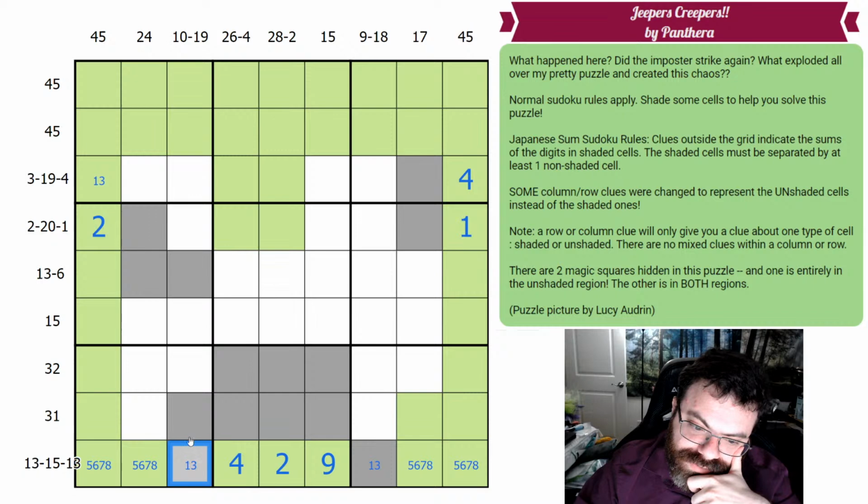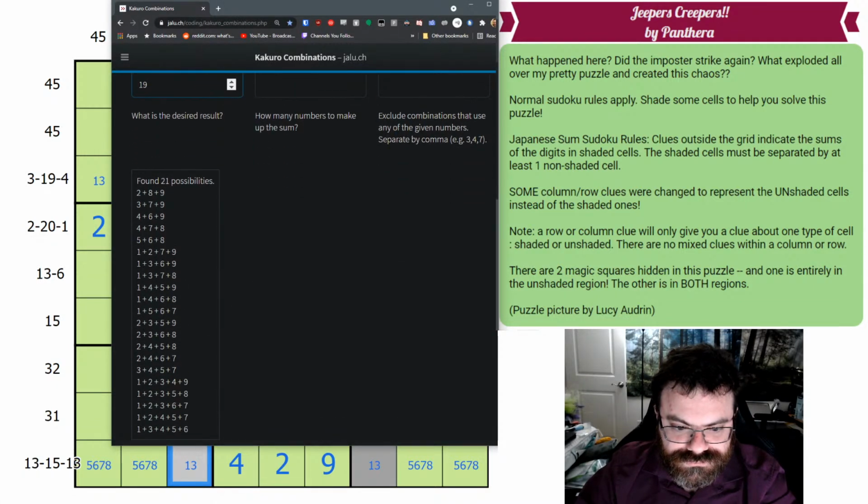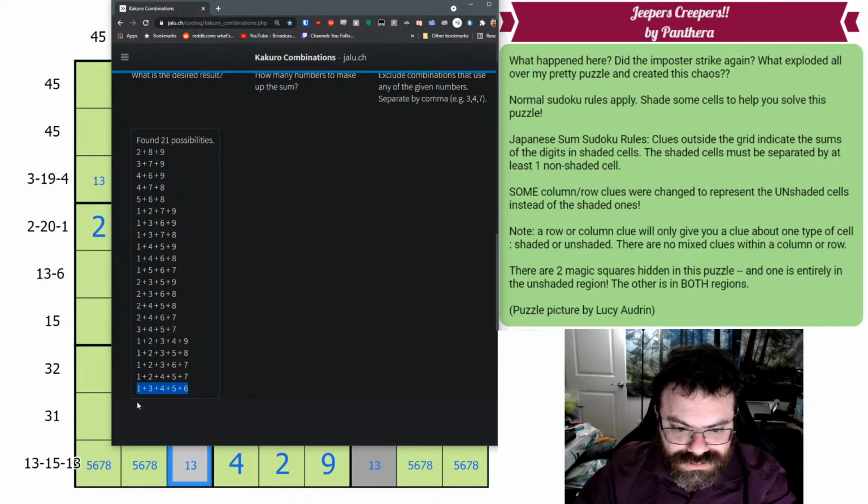Does column 3 have to be gray now? Yeah, I can't do 19 and 2. This is 19, so this needs to be at least 1 longer. Can 19 be 5 long? 1, 3, 4, 5, 6, or 1, 2.